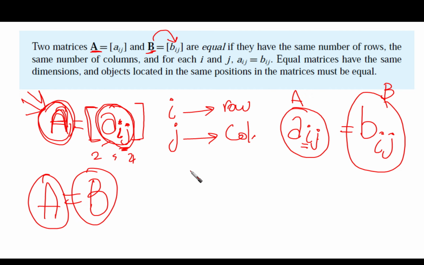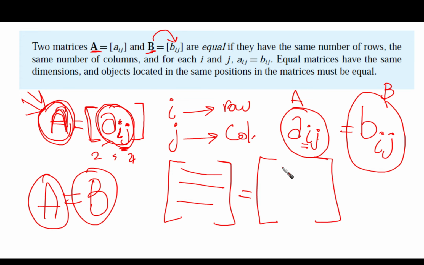If this is A, for example, with rows 1, 2, 3, then B must also have 1, 2, 3.